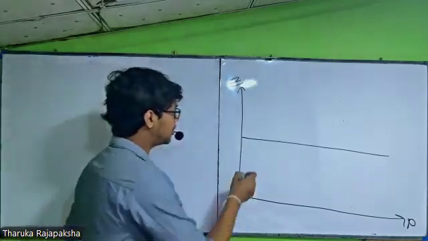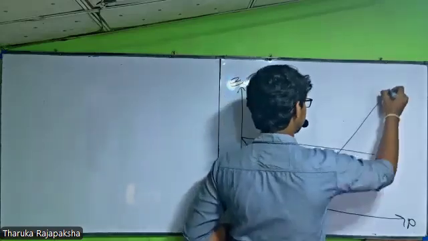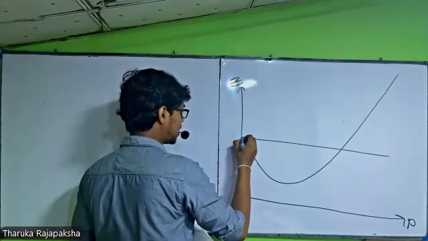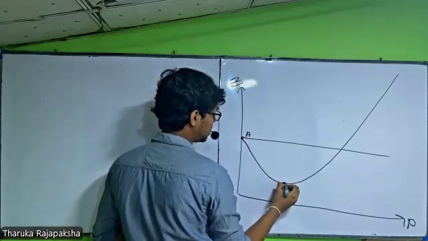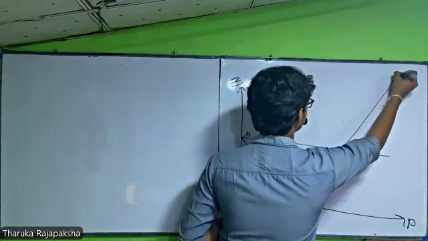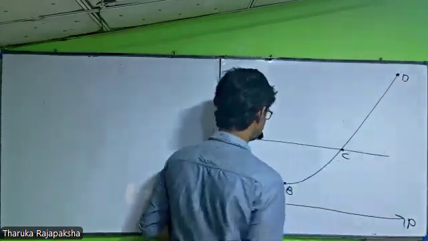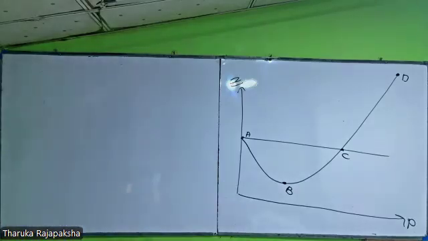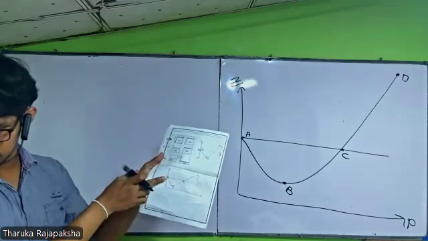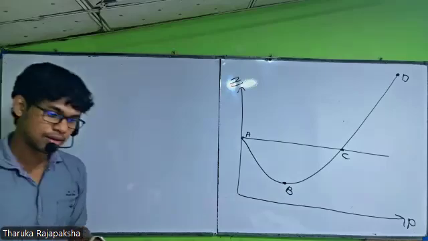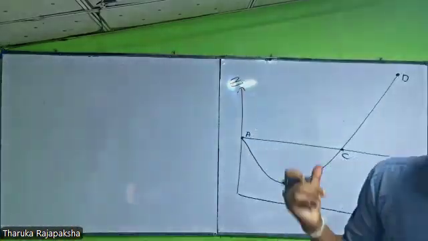Now we are going to draw a normal compressibility factor curve, and then mark points A, B, C, D. Draw this and mark. Page number 19, bottom. Draw this there.